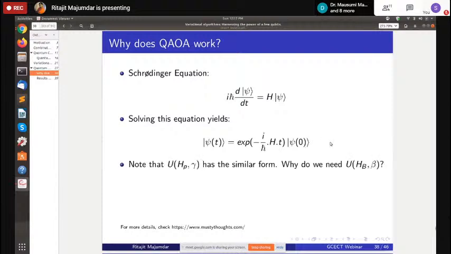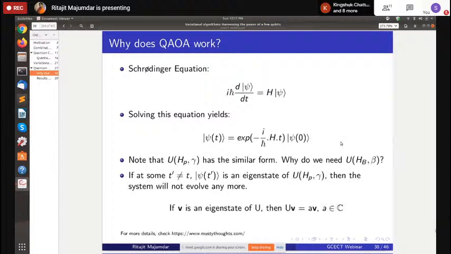But then the question is, why do we need U_HP? U_HP is already doing this work. The reason for that is, and I encourage you, if you find this interesting, to check out this website, mastythoughts.com. It is a brilliant blog and it explains this brilliantly. The idea is that suppose at some point, at some t dash, which is not the final state, you reach an eigenstate of this operator. What is an eigenstate?